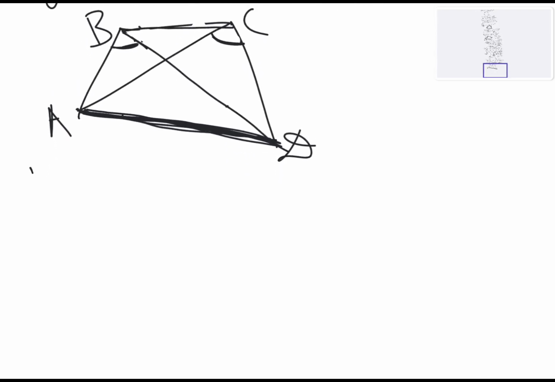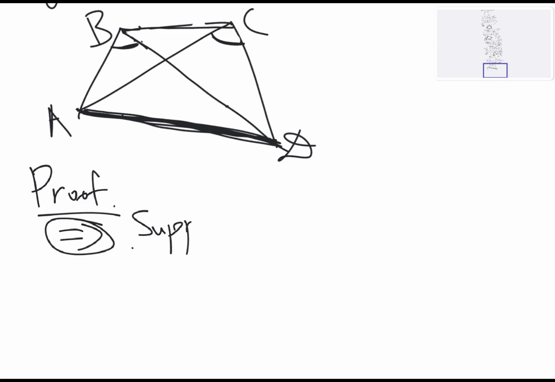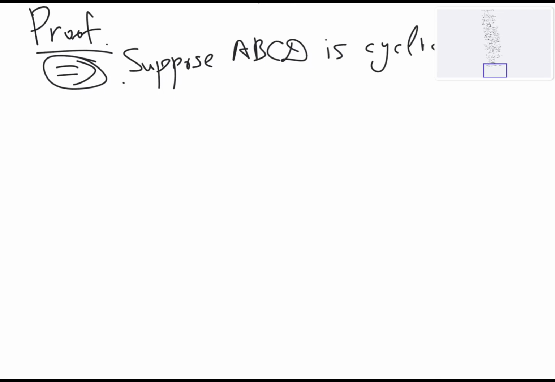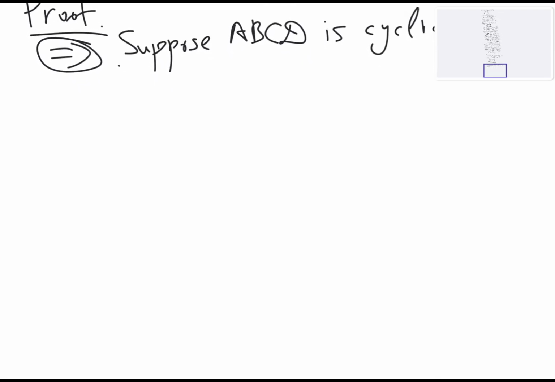So let's prove this. Again, in one direction the proof is simple. We suppose that it is cyclic. Suppose that ABCD is cyclic. Then, let's draw another picture.